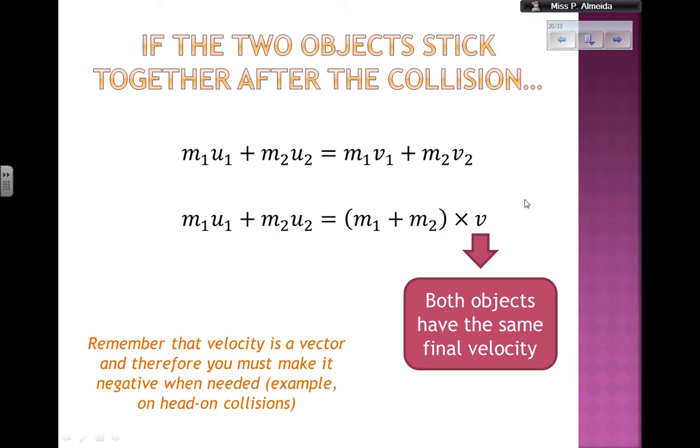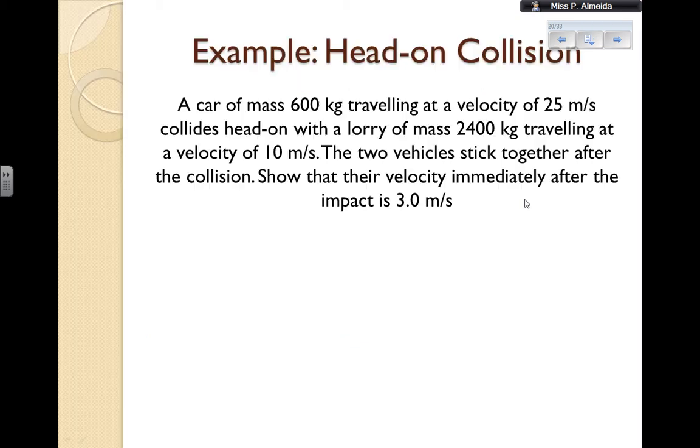And again, remember that velocity is a vector, and you need to make it negative when you need it. So in a head-on collision, for example, okay? So here's a head-on collision for you, where you're going to see that if you would not make one of the velocities negative, you would get the exercise wrong, okay?